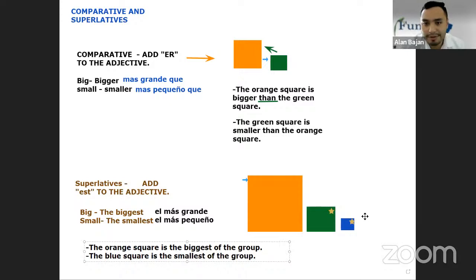So I am comparing the blue square with the green one and with the orange one. I am comparing one against the group. And this object I'm comparing is superior. Is superior, has a better level, the highest level in the group.